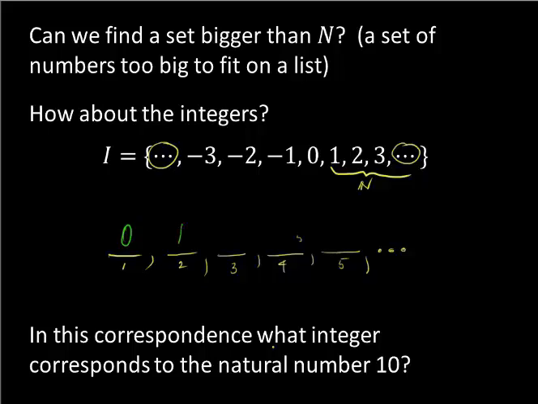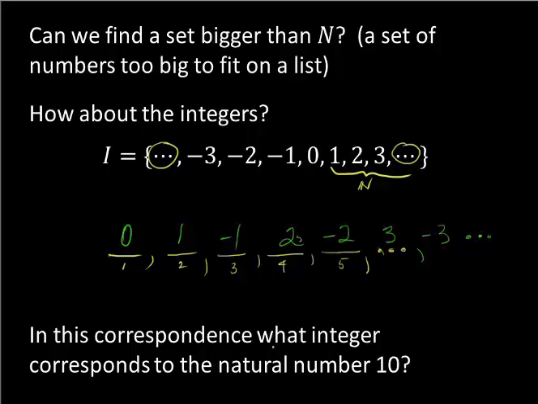0, how about 1, minus 1, 2, minus 2, 3, minus 3, and so on. There's a list. We can see it is indeed an infinite list. The numbers on that list are in one-to-one correspondence with the natural numbers.